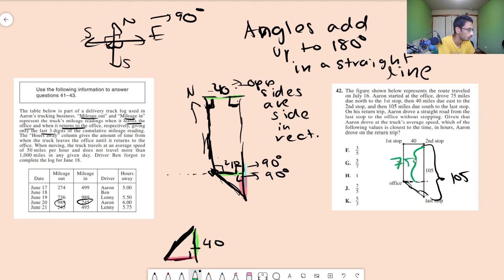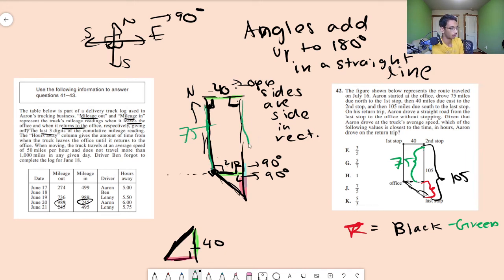So red is equal to black minus green. If you take the entire 105 and take this 75 portion out of it, remember opposite sides are exactly the same, so if this is 75, this is also 75. The small portion is 75, the entire thing is 105, which means the remaining part is 30.